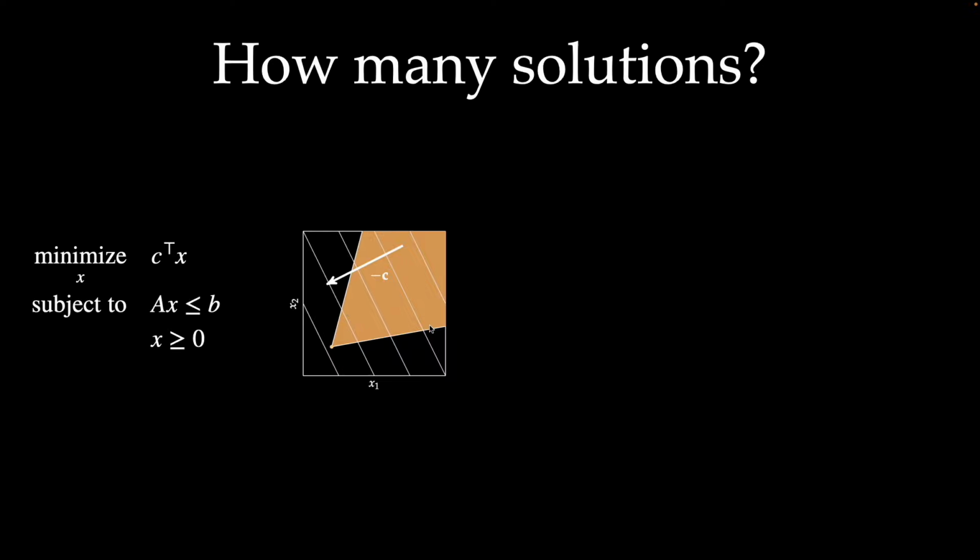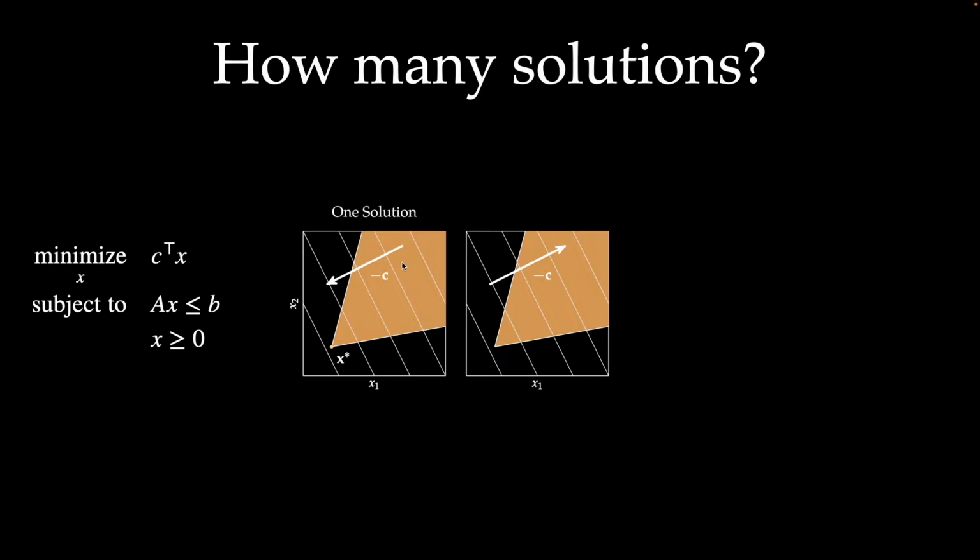We're asking how many solutions are there? In this case, there's only going to be 1 solution. The reason is we could just continue to move in this negative C vector direction, and you can see that the contour lines are decreasing in this direction. The furthest that we can get is this point right here, this vertex point X star. So we just have 1 solution in that case.